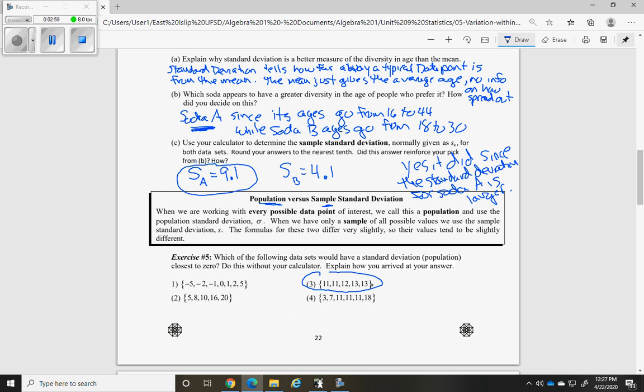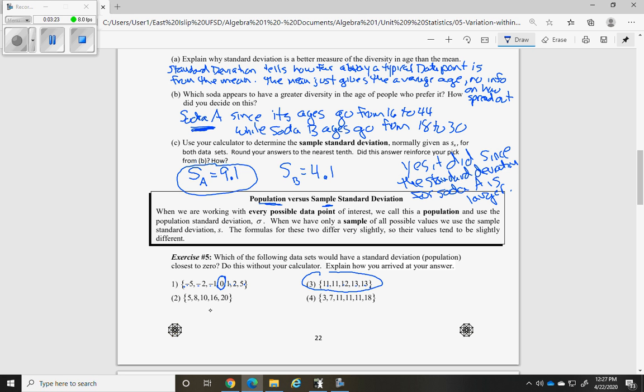These numbers are also close to each other. Just by the looks of this, since there's 2 11s and 2 13s and 1 12, I know the mean is 12, and these numbers are only 1 away from the mean, and those numbers are only 1 away from the mean. Right? They chose all the numbers that way, actually, it looks like. This one's deviation must be 0, but these numbers are farther away from the mean.